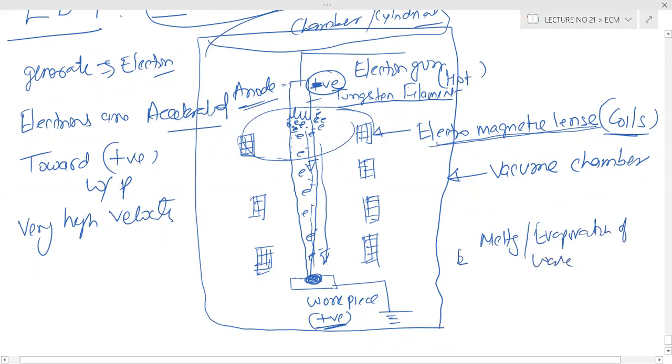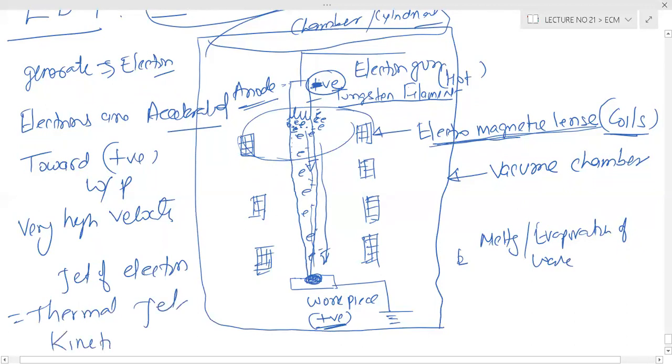And again, using this magnetic lens, you can change this jet. So basically the jet of electrons is also called a thermal jet, or kinetic, because it is high velocity electrons.